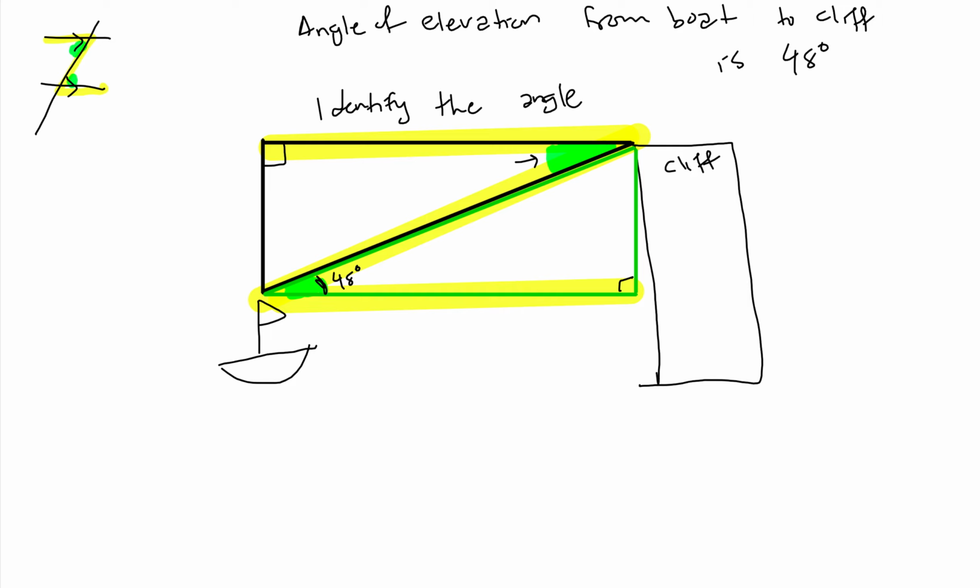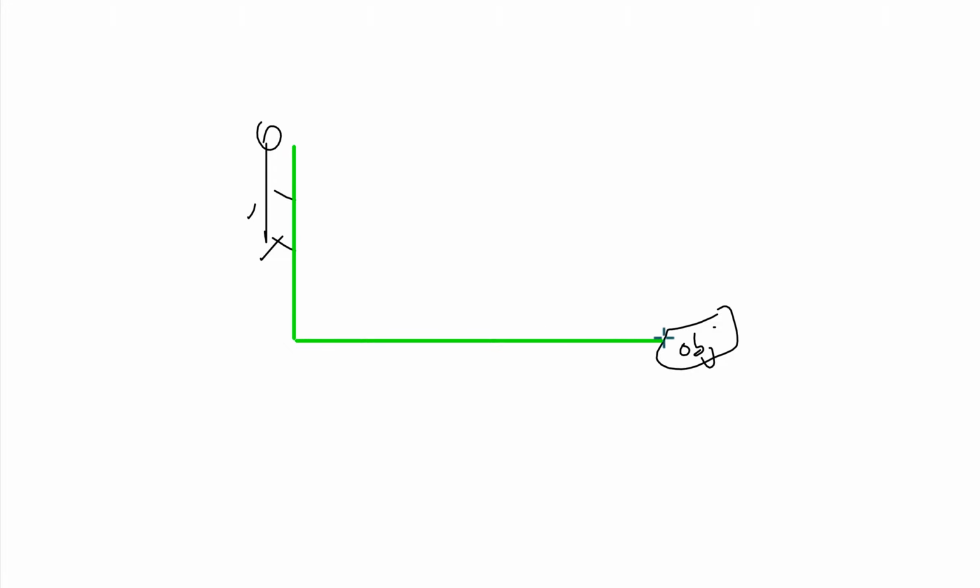And then it's similar for angle of depression. If you are looking down at an object and the triangle they've constructed is such, then you can form your different triangle.